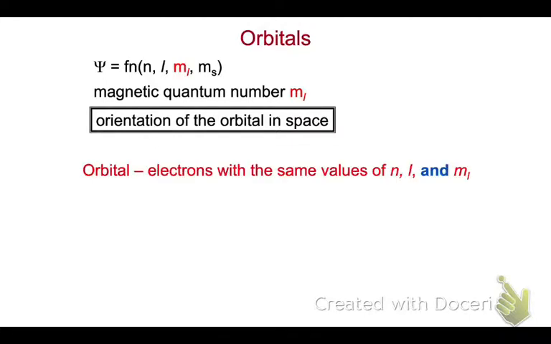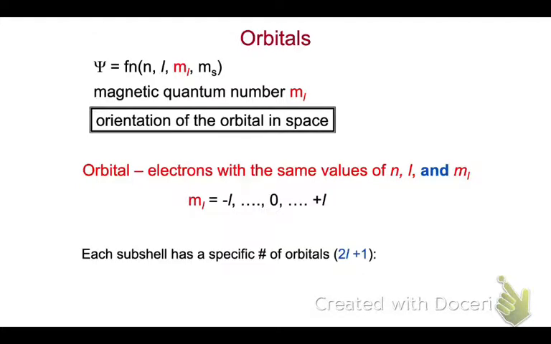So, orbitals with electrons with the same values of n, L, and ml: if any electrons share the same value of n and L and ml with another electron, it means that they are in the same orbital. ml takes values starting from negative L, passing 0, all the way to positive L. Each subshell has a specific number of orbitals, which can be calculated by 2L plus 1.